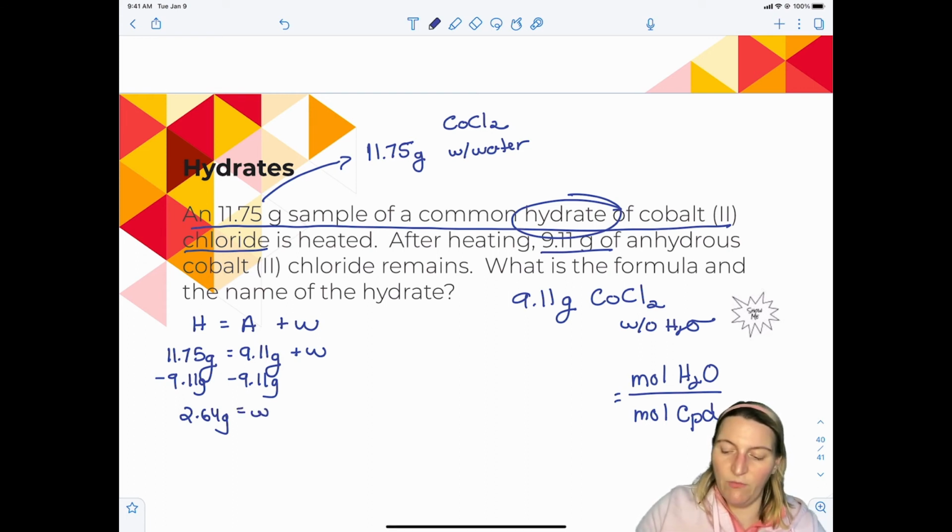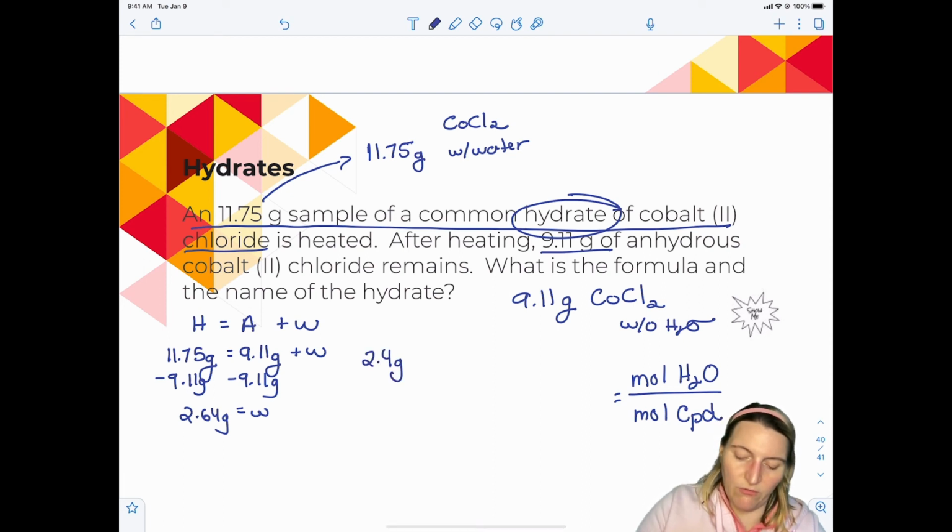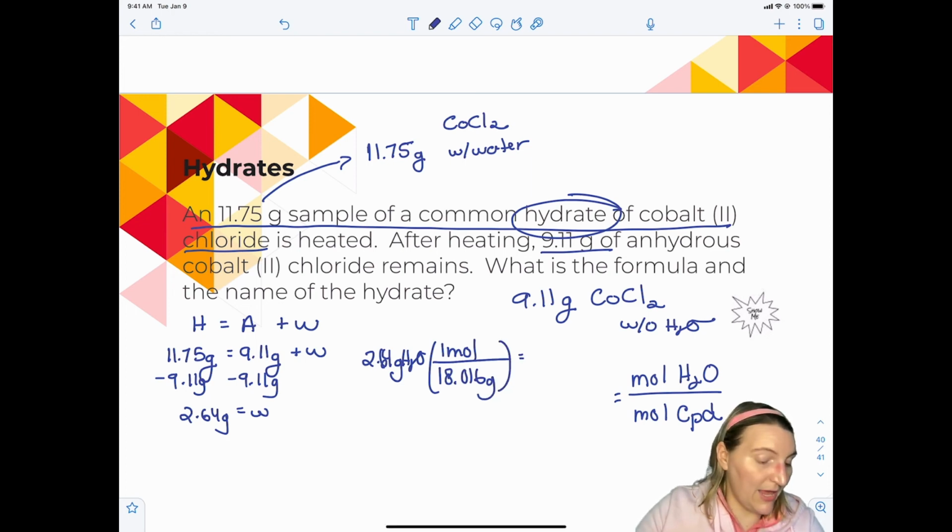I don't need the mass of the water, I need the moles of the water. So I take 2.64 grams of the water and I convert to moles using the molar mass of the water. And I get 0.1465. So I know that's going to be the top.